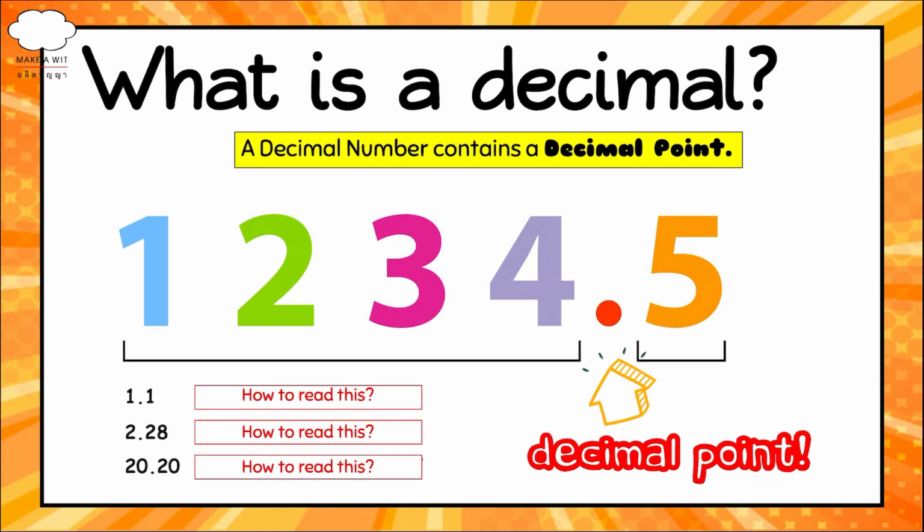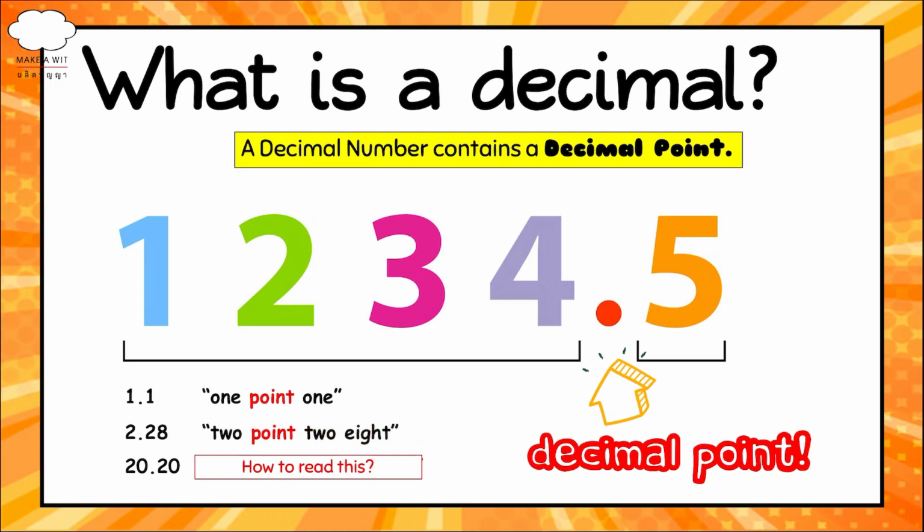Now, how can you read this one? 1.1. Okay, 1.1. And what about this? How can you read this one? 2 point, not 28, but 2.28. And next, 20, yes, just like normal.